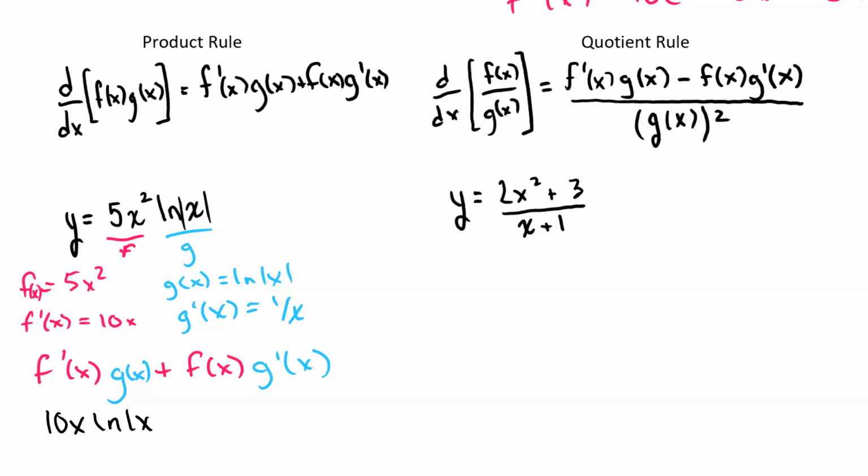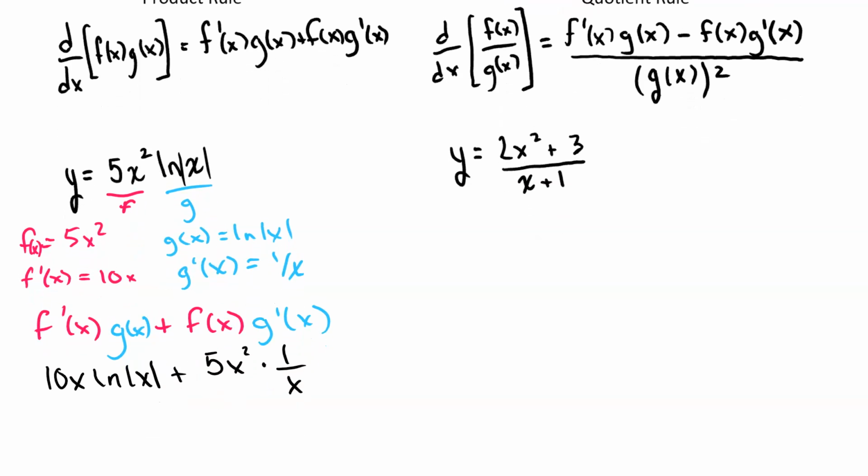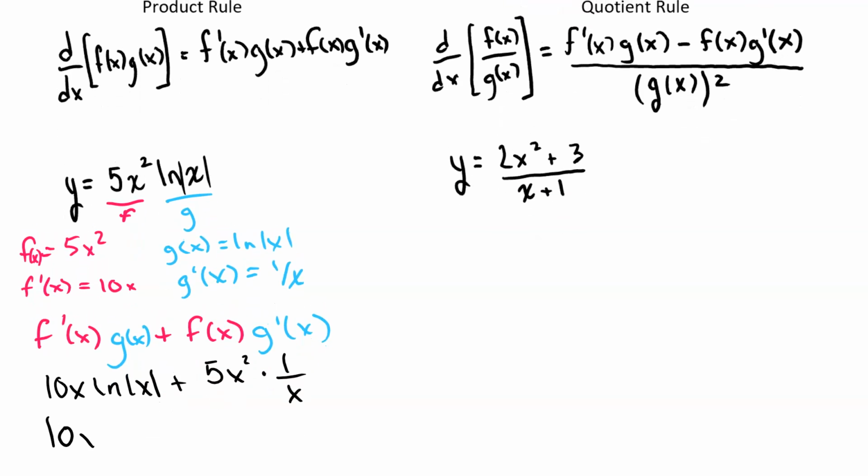All right. So now it's just a matter of substituting in what we have for our values. The left-hand one we can't do anything with. It stays 10x natural log x. The second one, 5x squared times 1 over x is 5x. So our derivative here is that guy.